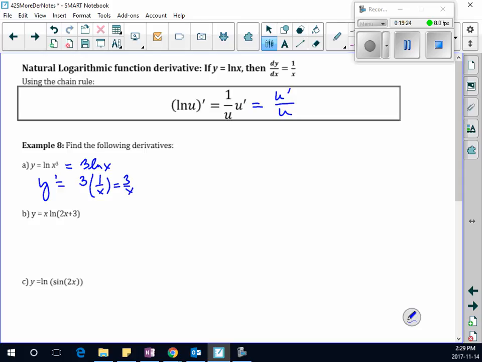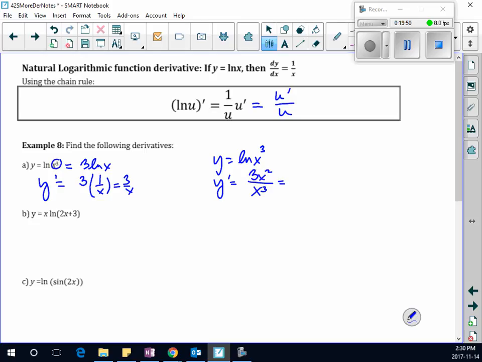However, say you didn't know that, and you treated this purely as a chain rule. If I use y equals ln of x to the power 3, y prime would be 1 over that, so it's going to be x cubed on the bottom, and then times the derivative of the inside, which would be 3x squared.